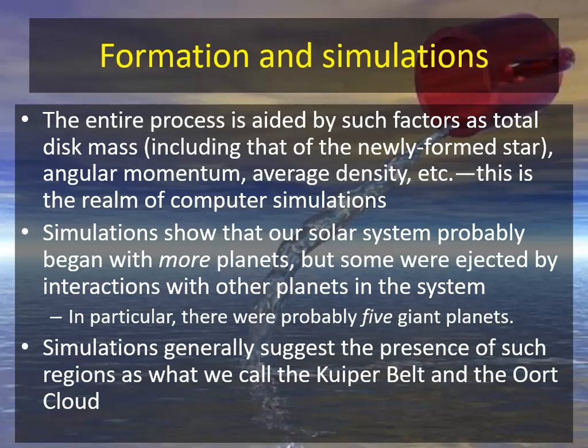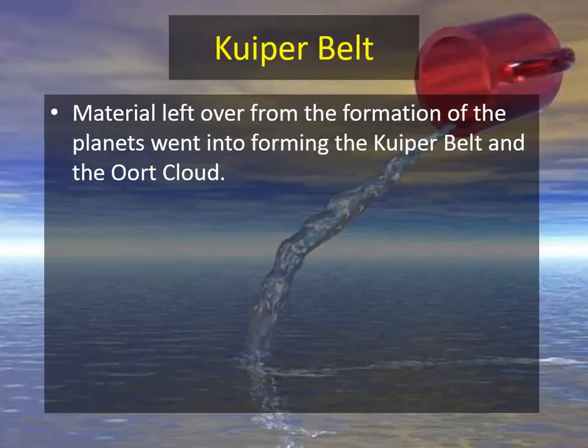Also, a nice thing about these simulations is that they suggest something that we know to be true, that you should have regions like the Kuiper Belt, this area of large comet-like bodies, things like Pluto, past the orbit of Neptune, and also a big spherical cloud of small comet-like bodies way, way past the Kuiper Belt, known as the Oort cloud. This is a result of computer simulations, and we know that it's there. We knew that it was there statistically over 70 years ago.